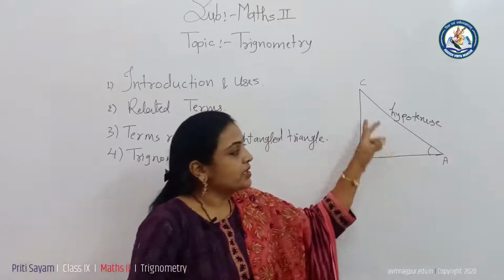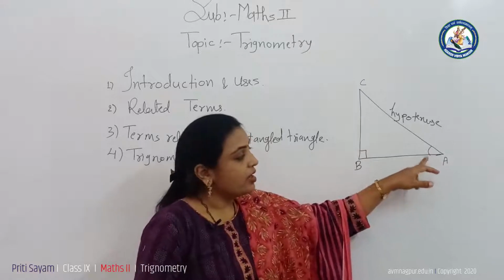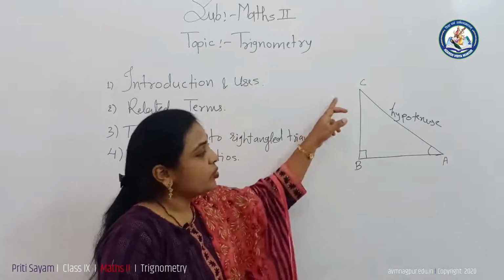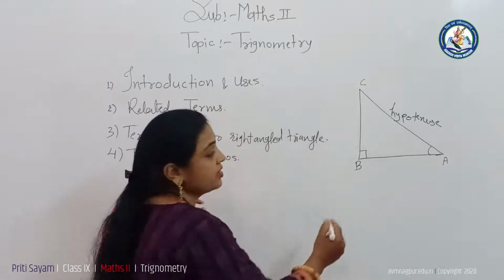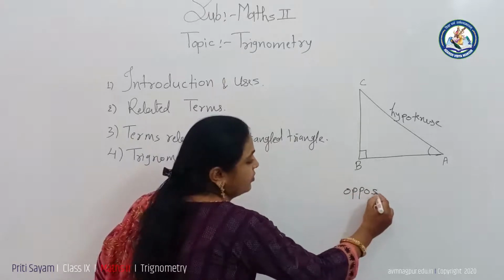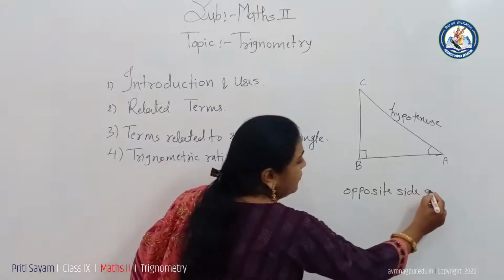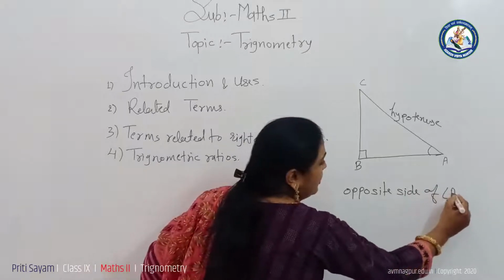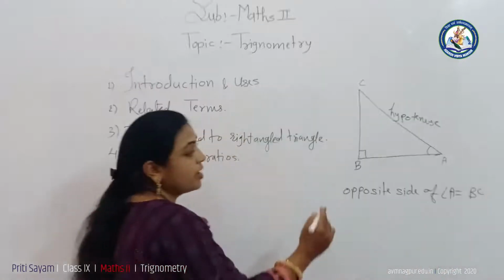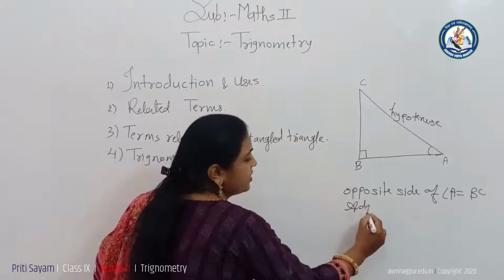Now suppose in this triangle we consider angle A. The side opposite to angle A is BC. Then the adjacent side of angle A. What is meant by adjacent?